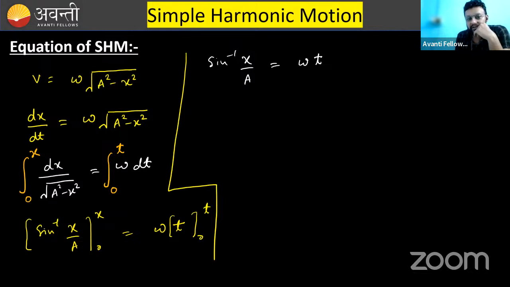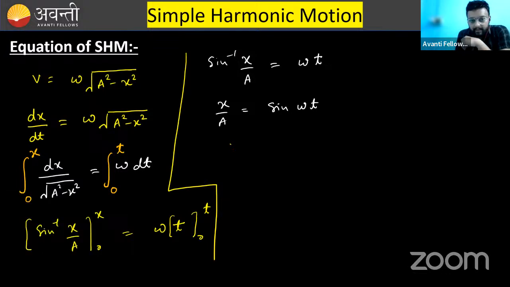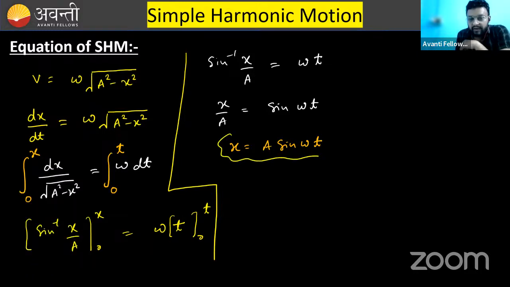If you remove this sine inverse from here, you will get x by a equals sine omega t, or x equals a sine omega t. This is a special case when the particle was at mean position at t equals 0.